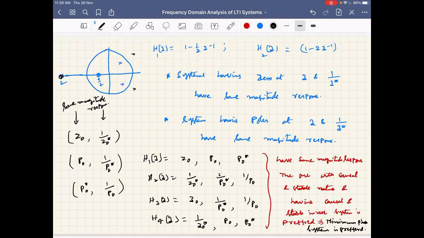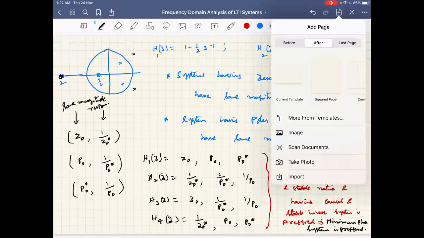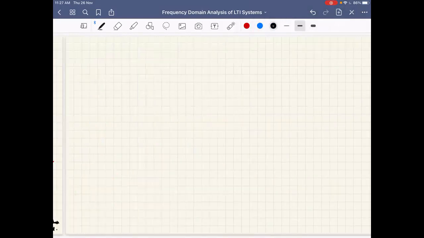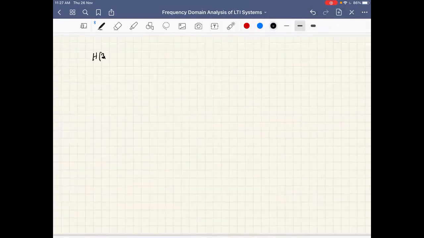Now let us see quickly how to decompose any system in terms of the minimum phase system. In some practical applications, you may not directly get a minimum phase system. So assume that I have a system like this. Is this a minimum phase system?